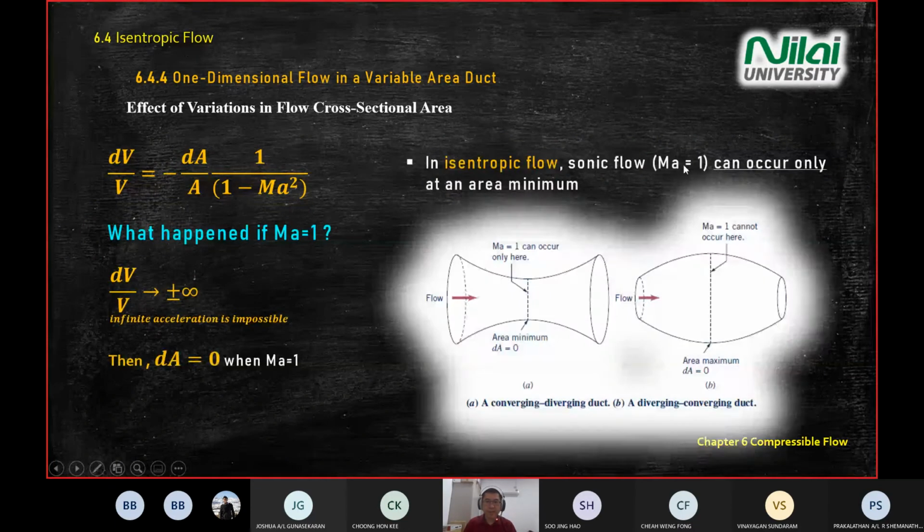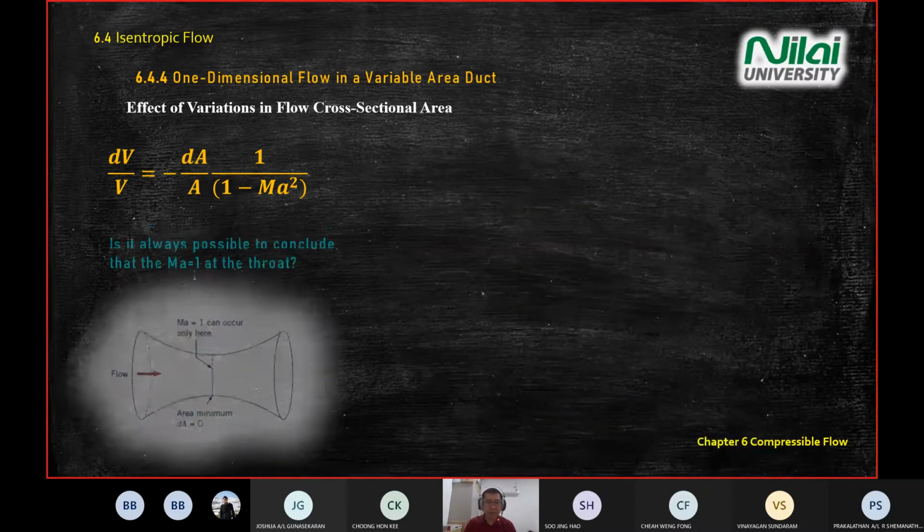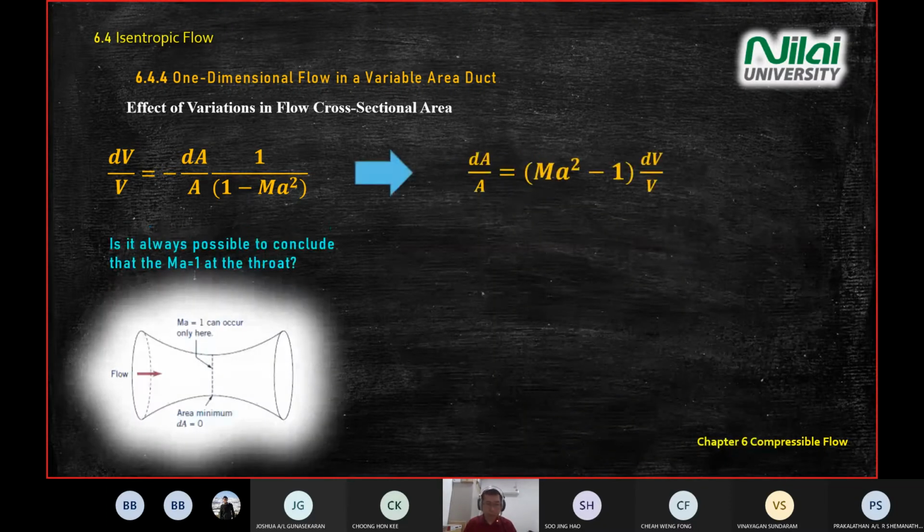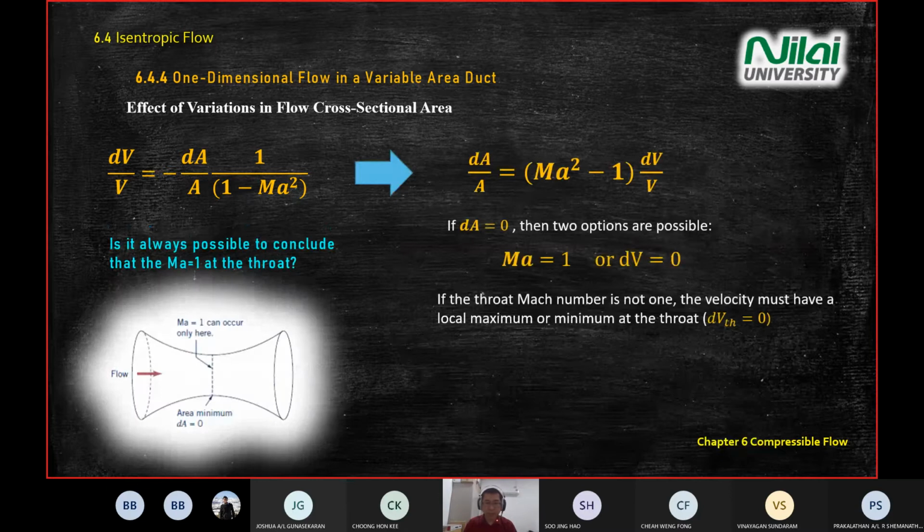So, only in an isentropic flow, Mach number 1 only happens in this configuration, when you have a converging duct, at the minimum area. Okay, the rest you can read. All these are from the calculation.